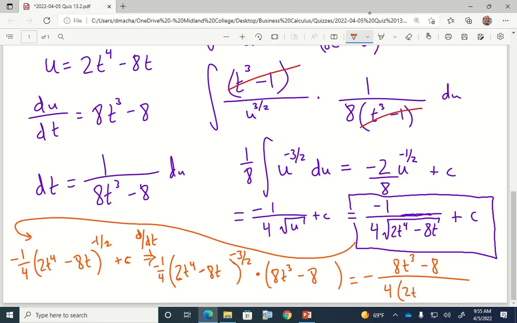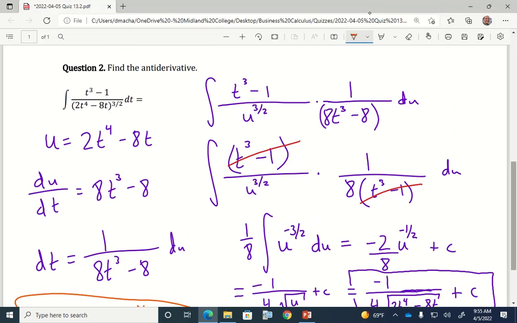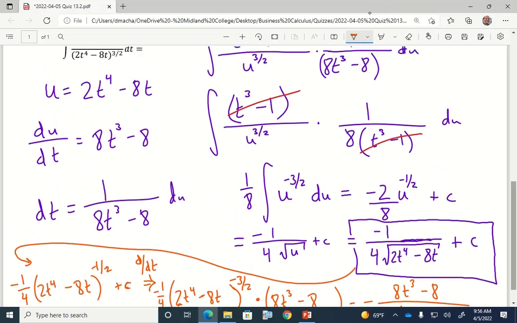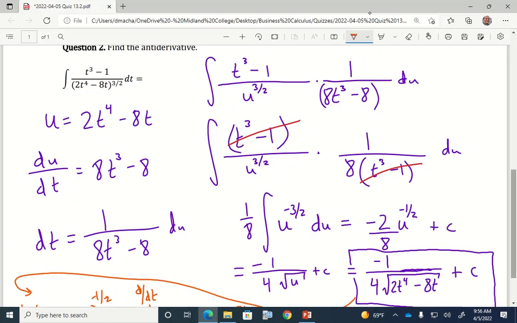So I write 2t to the 4th minus 8t to the power 3/2. And let's see if that checks out. 2t to the 4th minus 8t to the power 3/2.